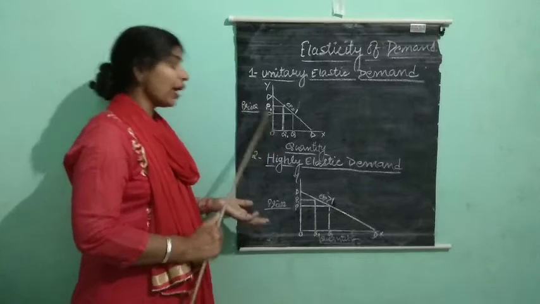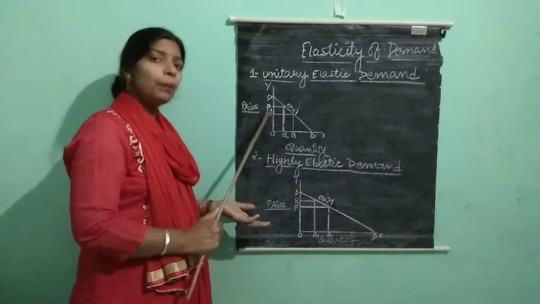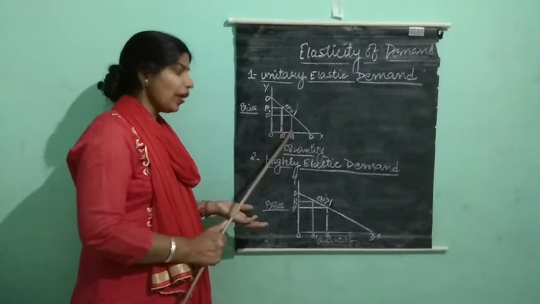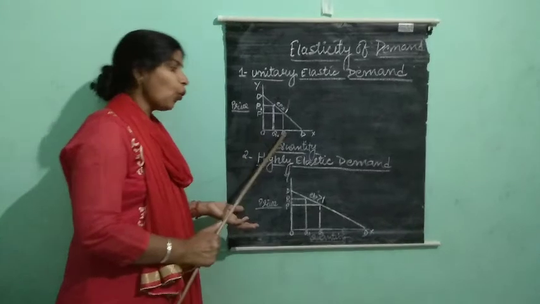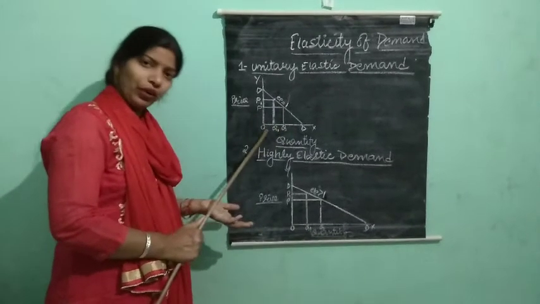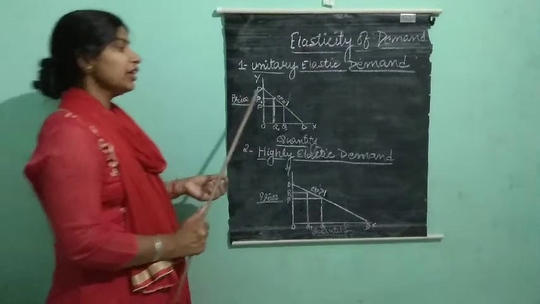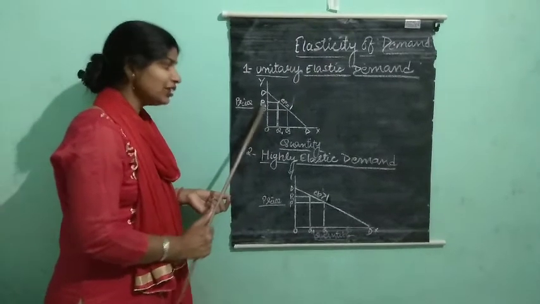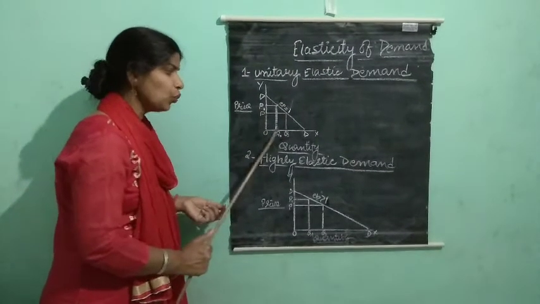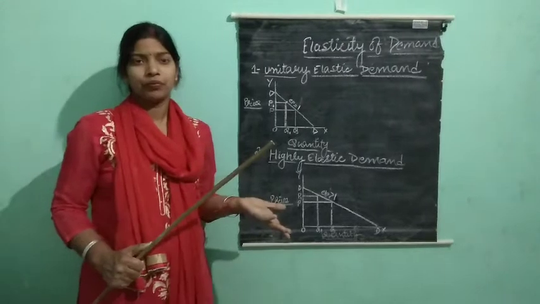If price rises from OP to PP1, then quantity falls from OQ to QQ1. And the most important thing in this curve is that the difference of PP1 and QQ1 is same.